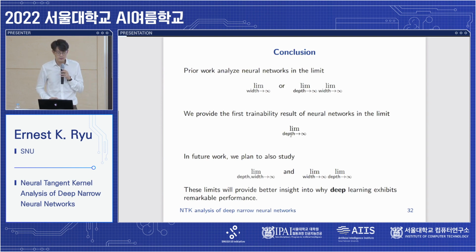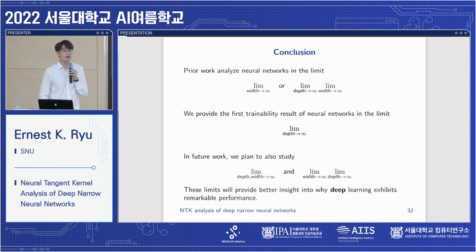In future work, we plan to continue studying large depth neural networks. We would like to study the limit in which the depth and width go to infinity together, or maybe the limit in which the depth becomes infinite first, and then the width becomes infinite. This would be the limit in which the depth is much larger than the width.